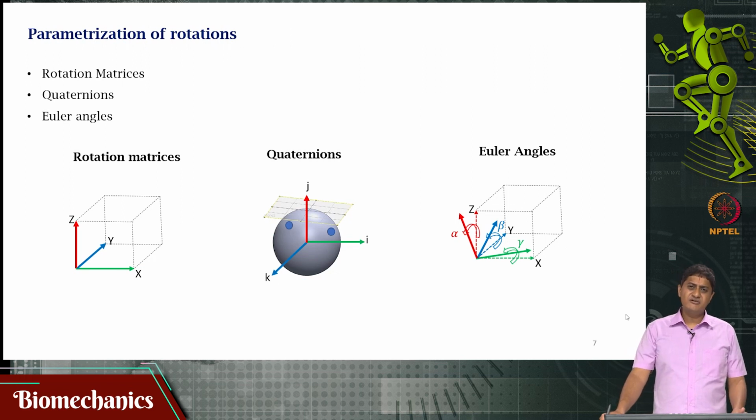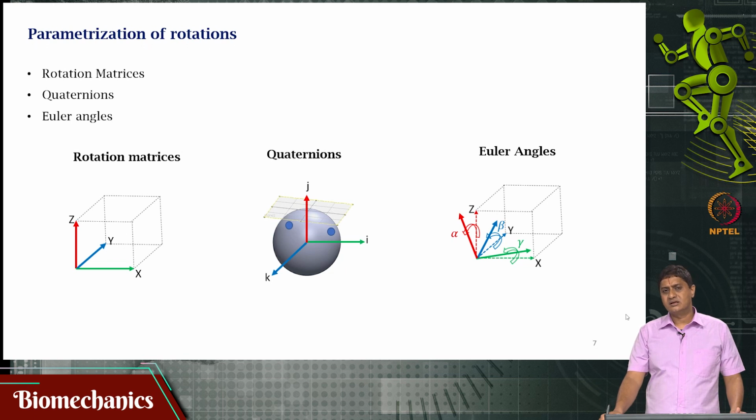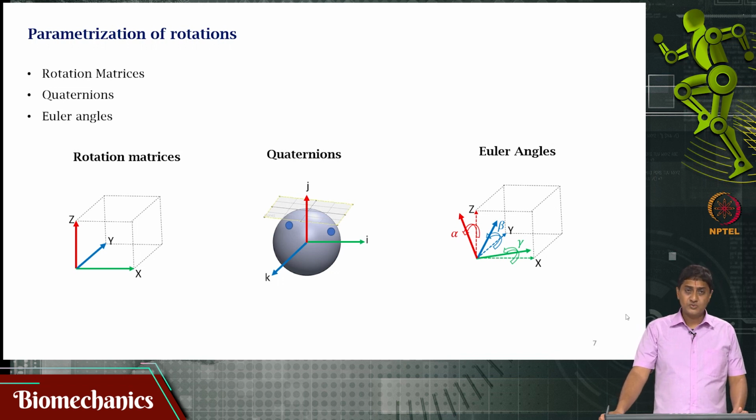So, many systems offer a choice of which method you want to output your data. That is, are you interested in getting this as rotation matrices, or as quaternions, or as Euler angles? How do you make this choice? How do you know which one is which?